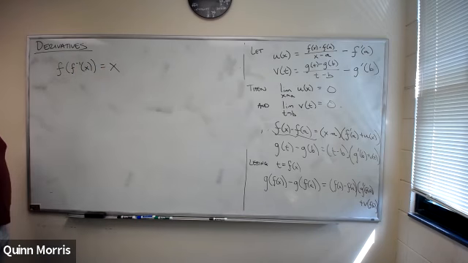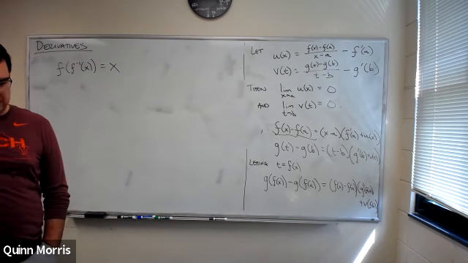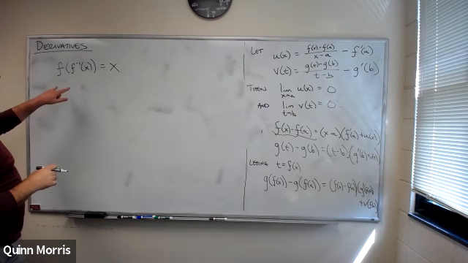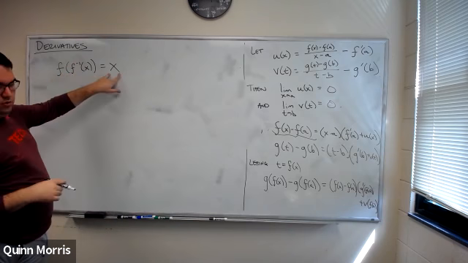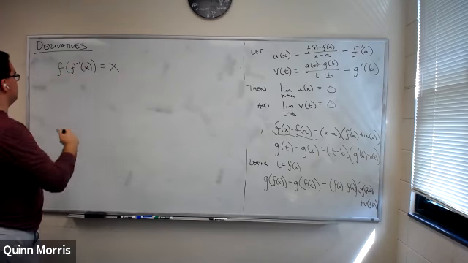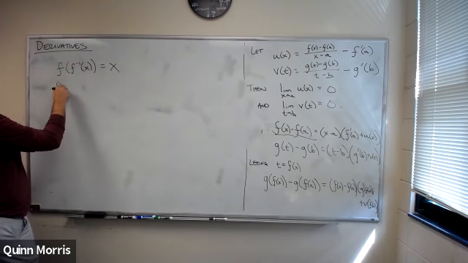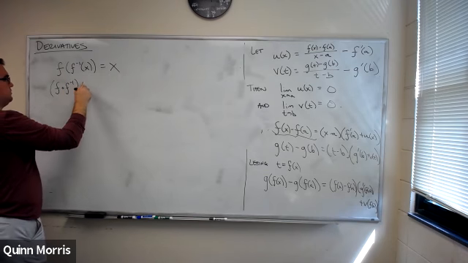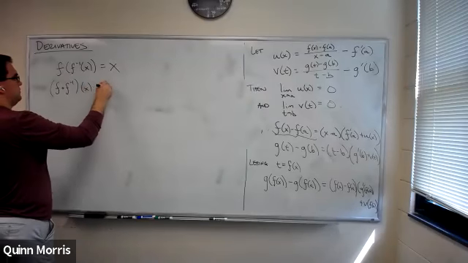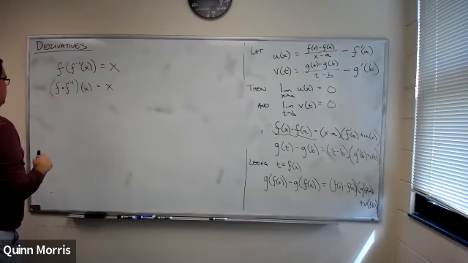So I know if I have a function and its inverse, and let's assume all these things are nice and differentiable, then this holds. And this is just f composed with f inverse. And so I can differentiate this.